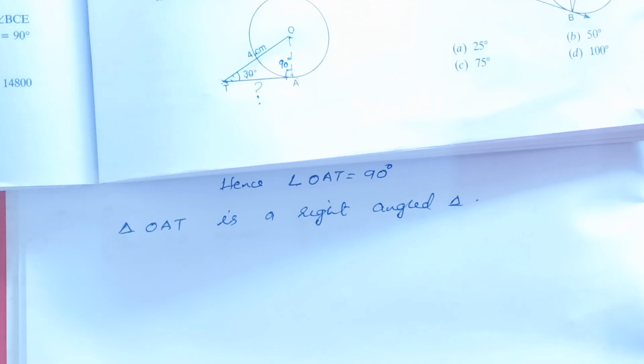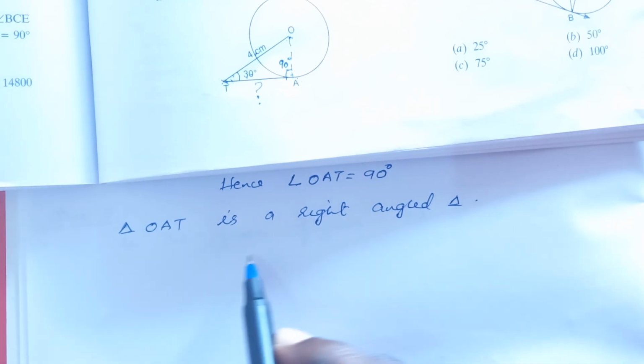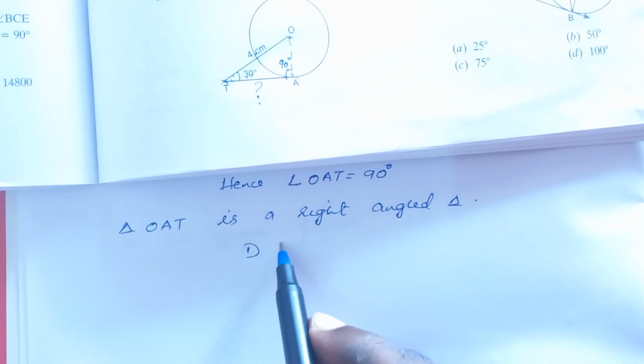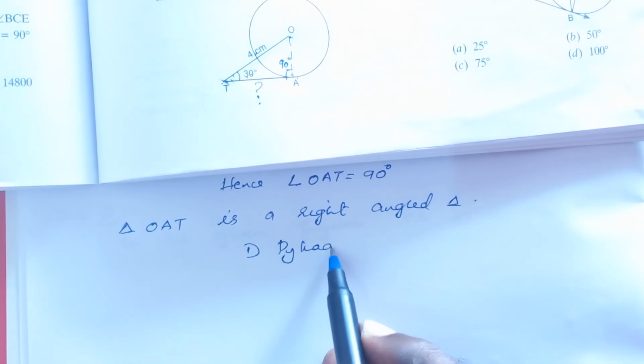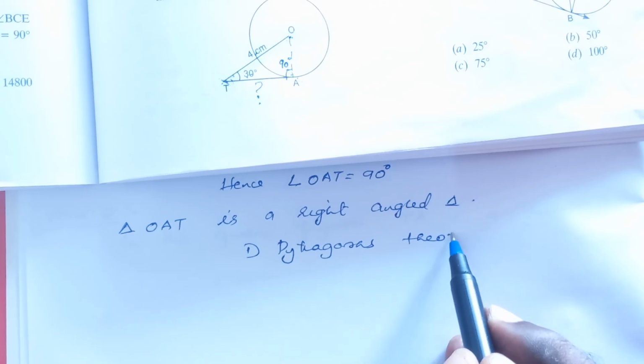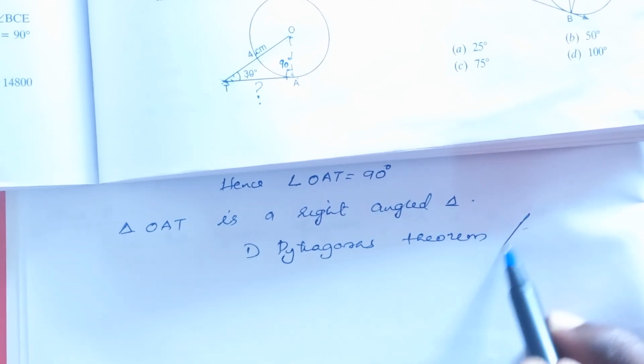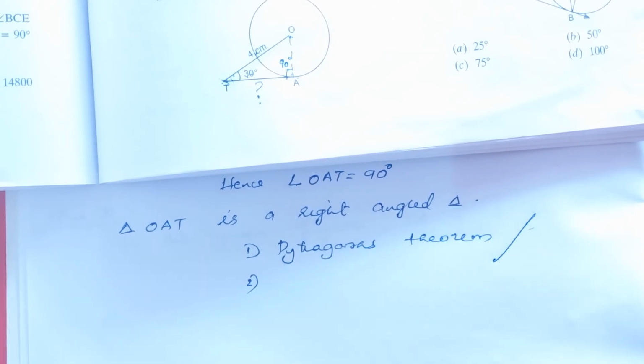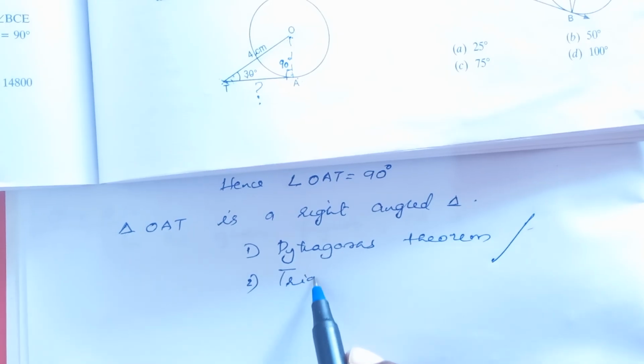When we have a calculation with a right angled triangle, we need to think whether we can use either Pythagoras theorem or trigonometry.